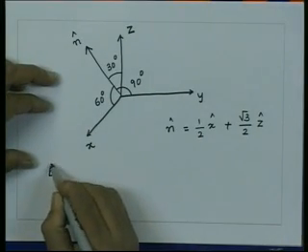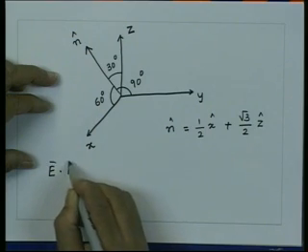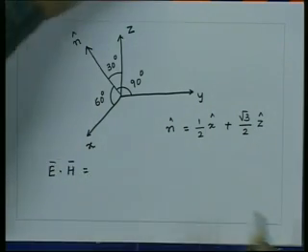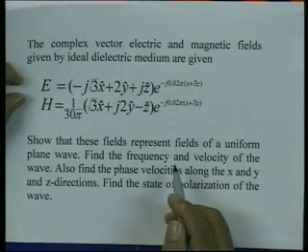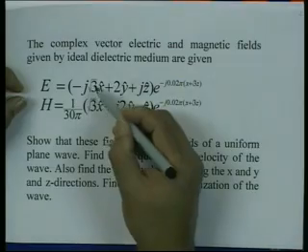So, we get E dot H, that is equal to, if I take from here, we will get the dot product of these.